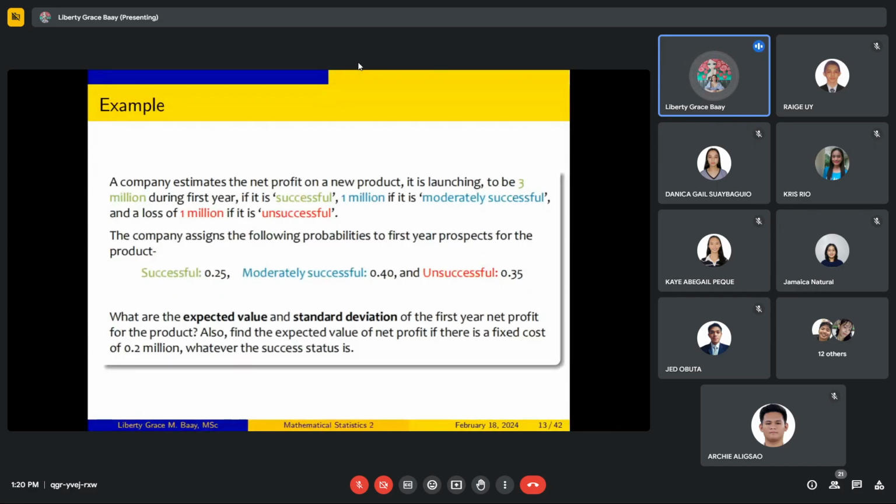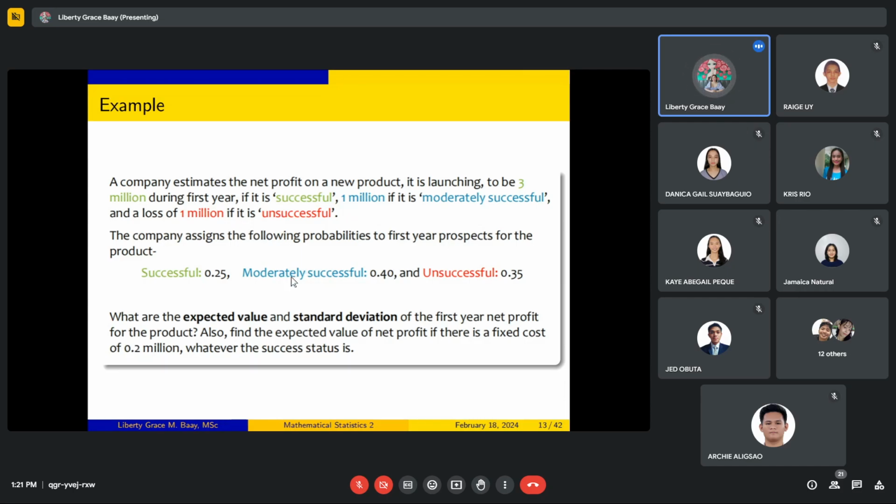A company estimates the net profit on a new product it is launching to be 3 million during the first year if it is successful, and 1 million if it is moderately successful, and a loss of 1 million if it is unsuccessful. The company assigns the following probabilities to first year prospects for the product.